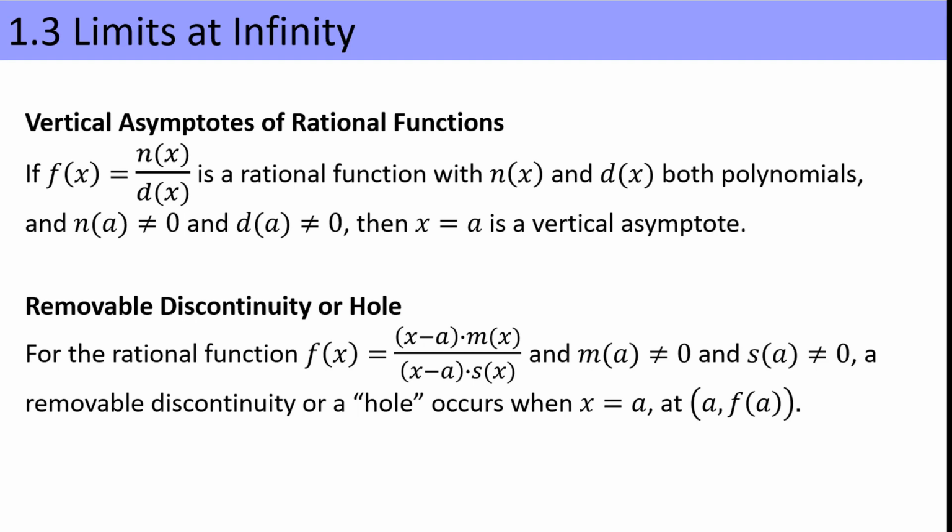For the rational function f of x equals the quantity x minus a times m of x divided by the quantity x minus a times s of x, and m of a does not equal 0 and s of a does not equal 0, a removable discontinuity or a hole occurs when x equals a, and the value of the removable discontinuity is the ordered pair a comma f of a.